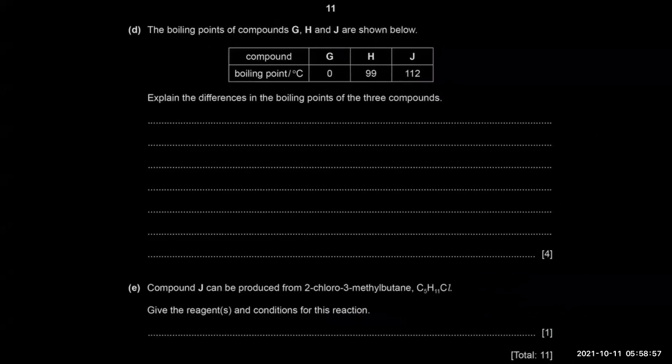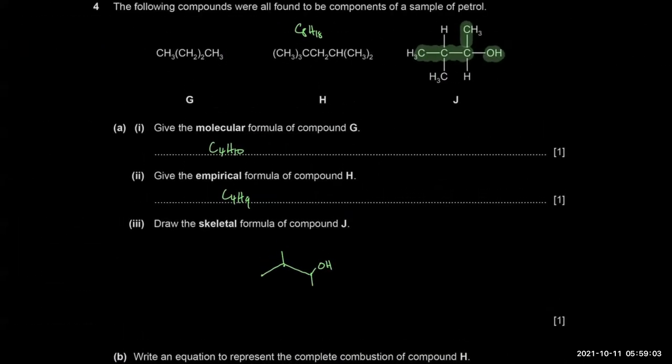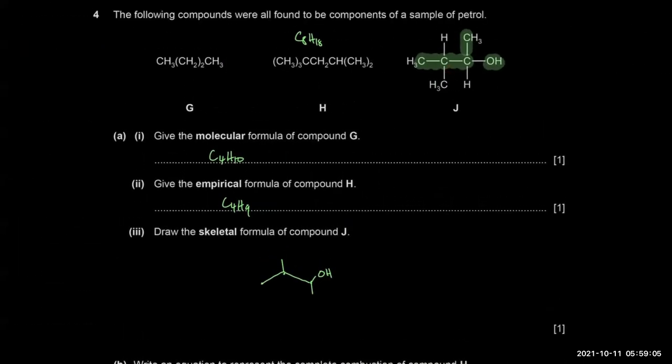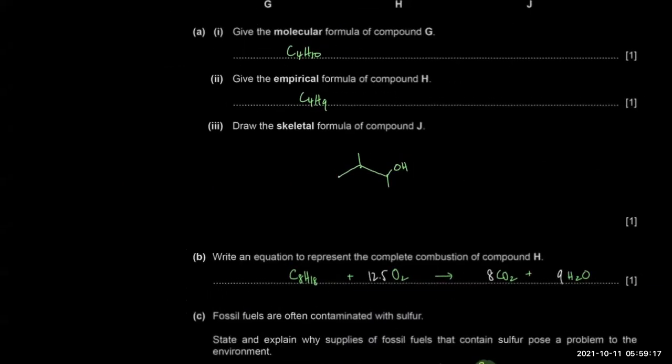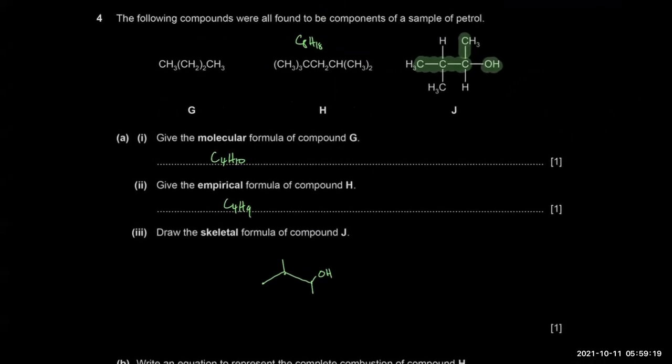Boiling points of compounds G, H, and J are shown below. Explain the differences in boiling points of the 3 compounds. So J has the highest. Why does J have the highest boiling point? Because it forms hydrogen bonds. It has this OH group, right?